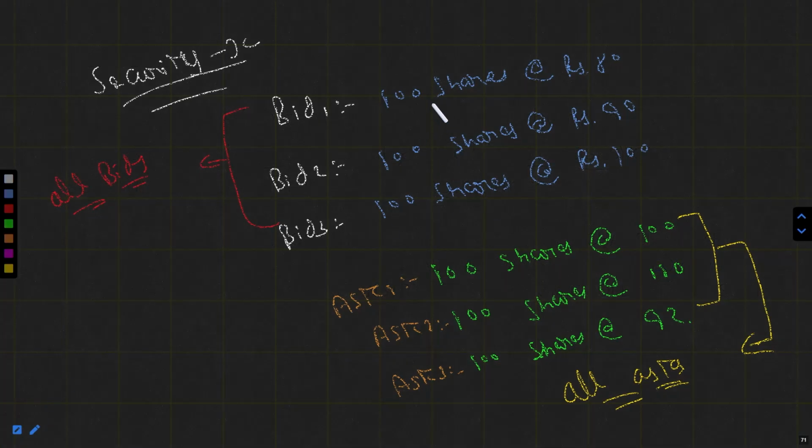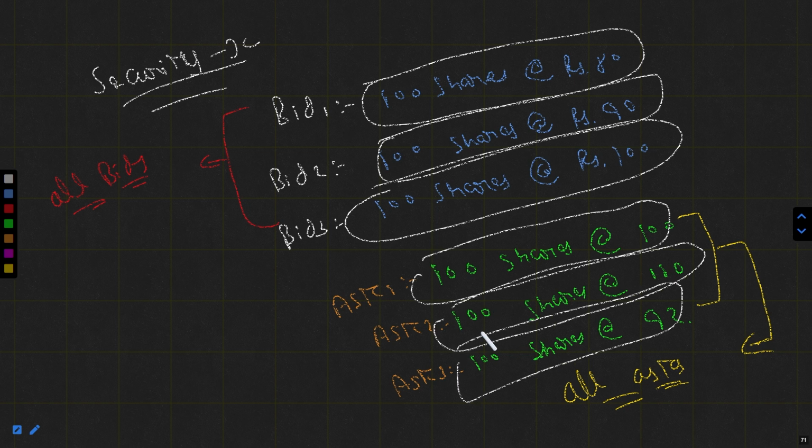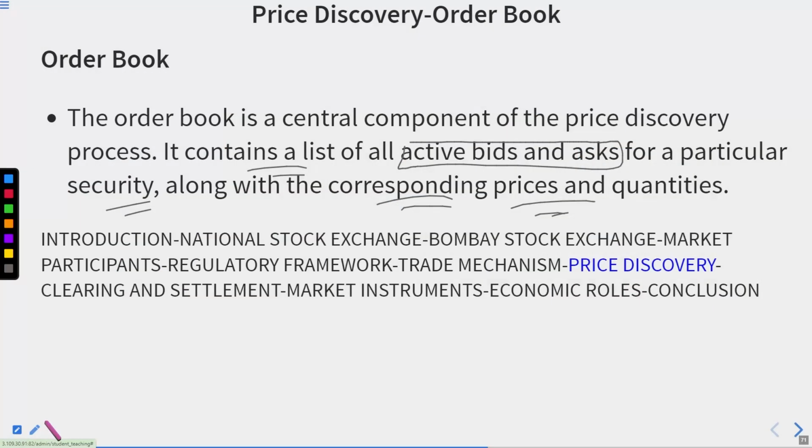As we discussed, all the active bids and all the active asks along with the corresponding prices and quantity. So that's how the order book works. The order book is able to make the comparison between different bids and asks. So this is called the order book.